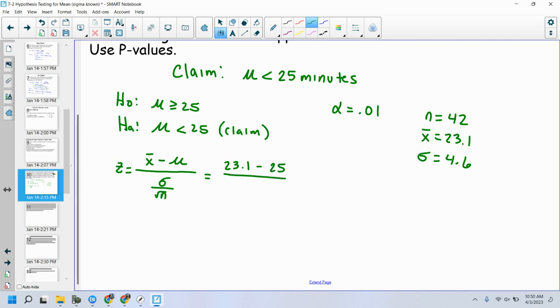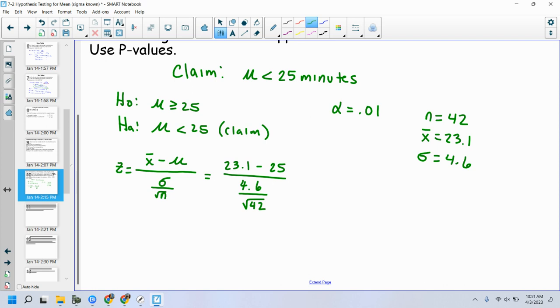X bar minus mu divided by sigma divided by the square root of 42. Now, why can I even use this? I didn't say that anything was normally distributed, but my sample is bigger than 30.